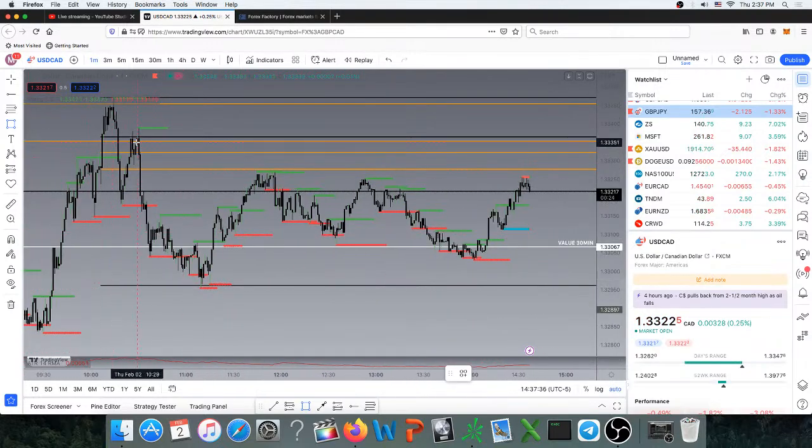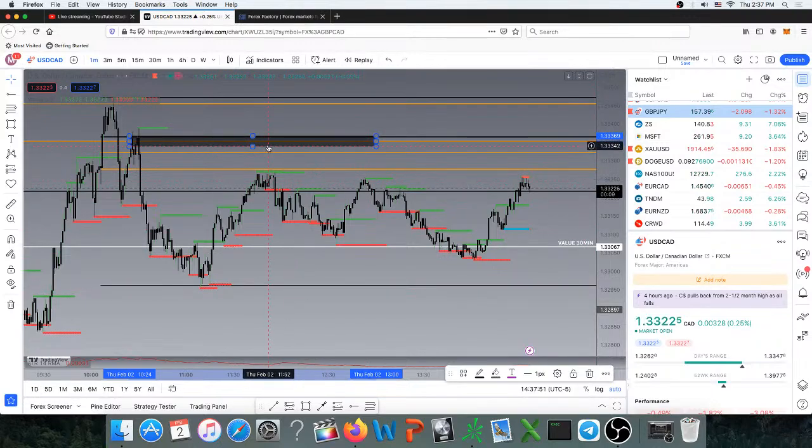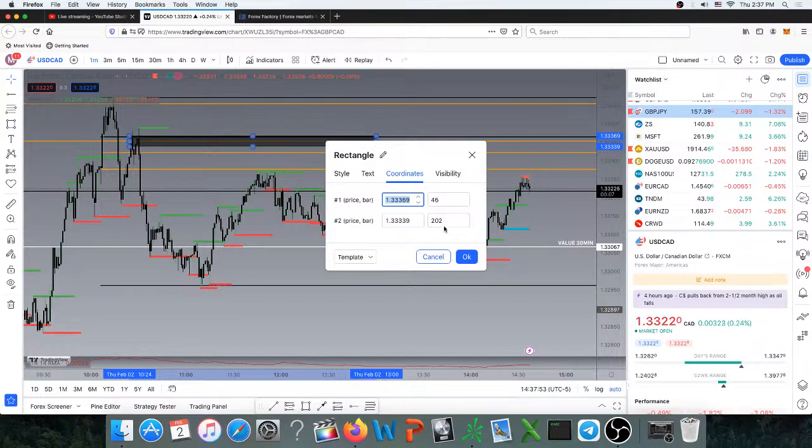See what that is. Got an IMG fill, supply. It's all right here. Potentially a sell here.